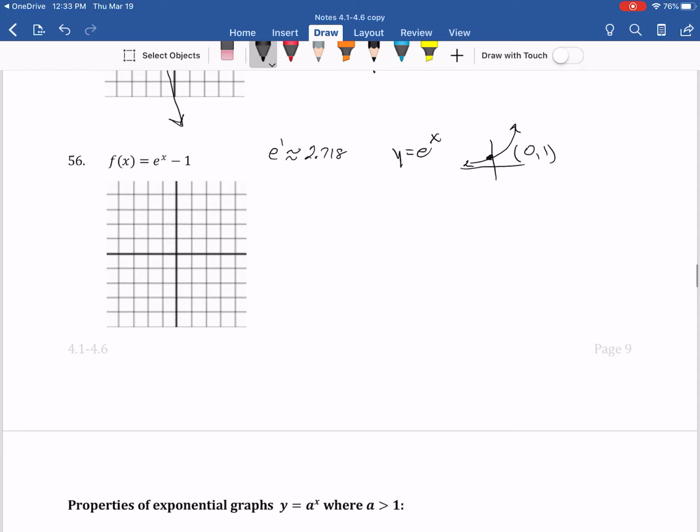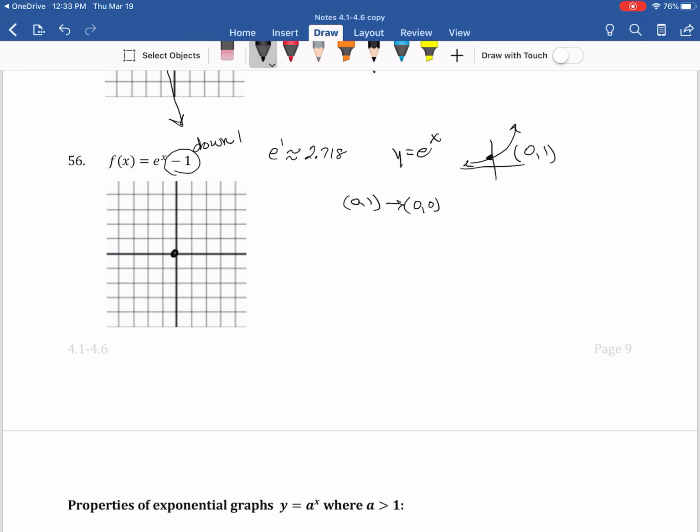And so we are going to take that concept and apply transformations to get this new graph for 56. The only transformation I'm concerned with is that -1. That's a vertical shift. I'm going to go down 1 space. So the point (0, 1) goes to (0, 0).